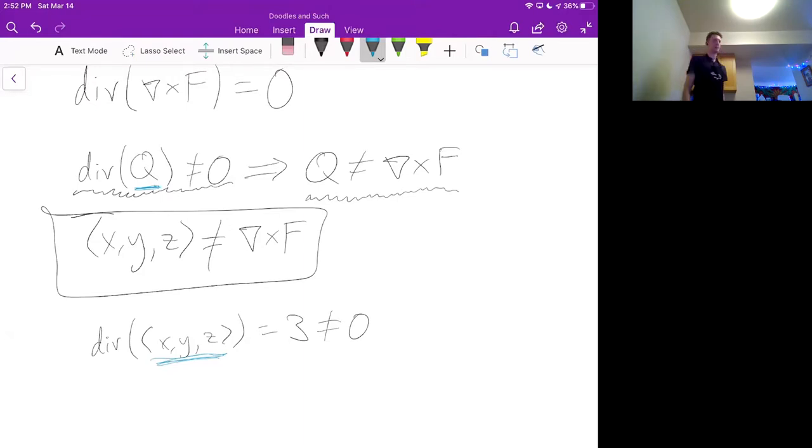It's exactly the same concept as if you wanted to show a vector field doesn't have a scalar potential. Remember, a scalar potential for a vector field is a function whose gradient is that vector field. And we can check if a vector field has a scalar potential by taking its curl. If the curl is not 0, there cannot be a scalar potential because any conservative vector field has 0 curl.